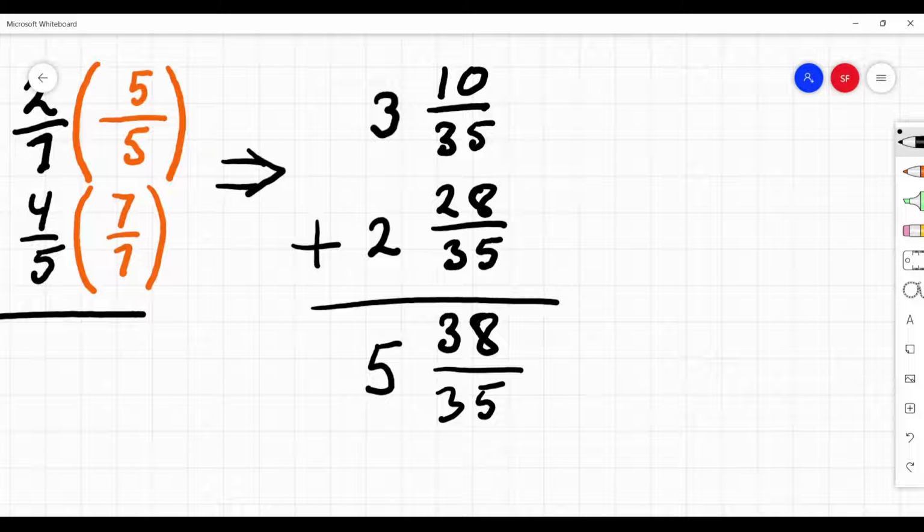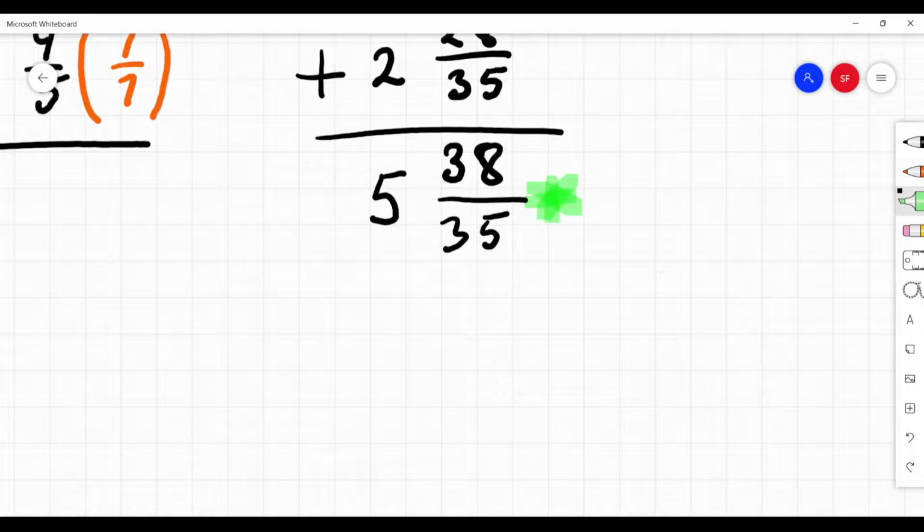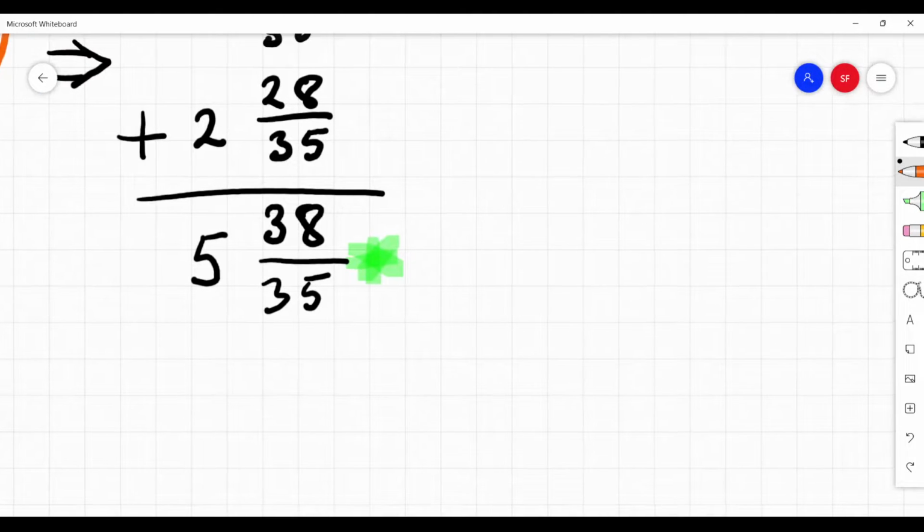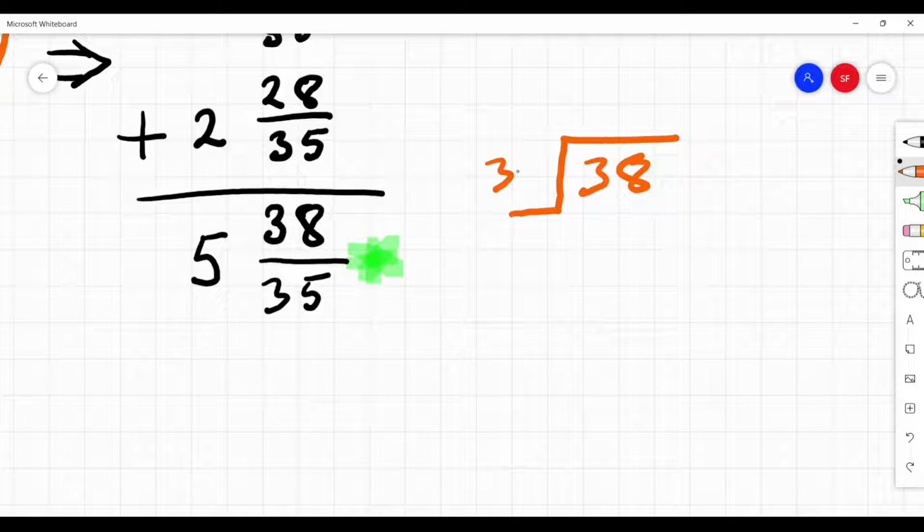Okay. Now we don't want to leave this right here as an improper fraction. So we need to convert 38 over 35 to a mixed number. So how do we do that? Divide. Which one's going to go in the house? 38.